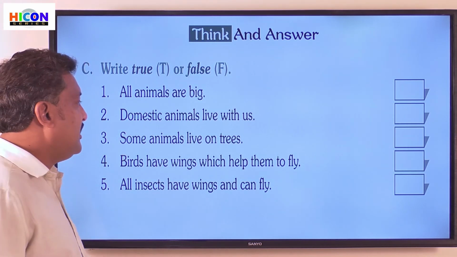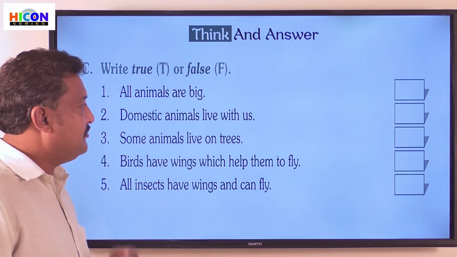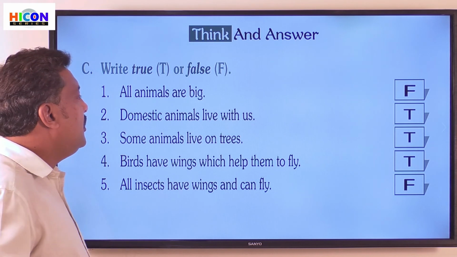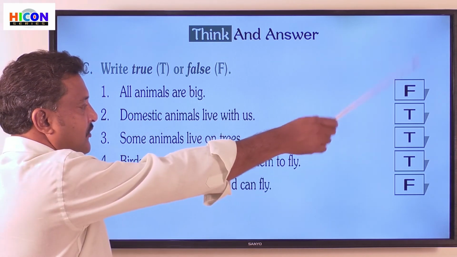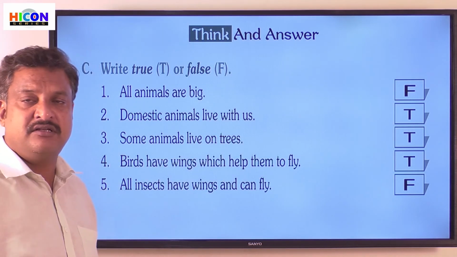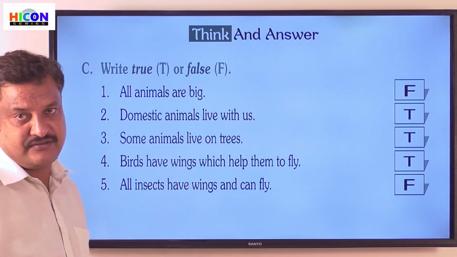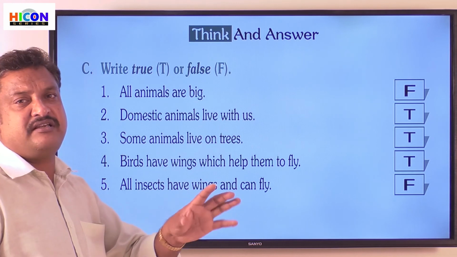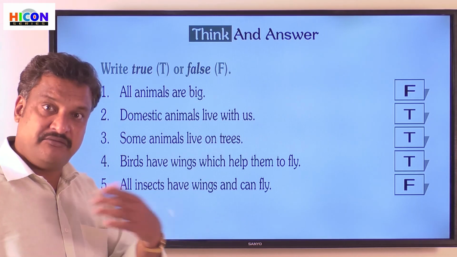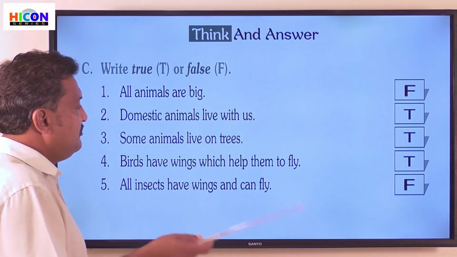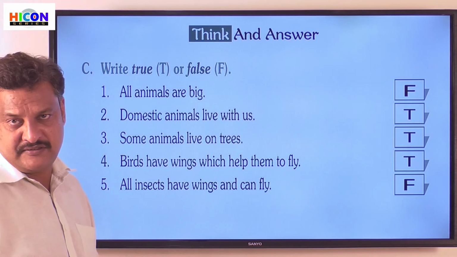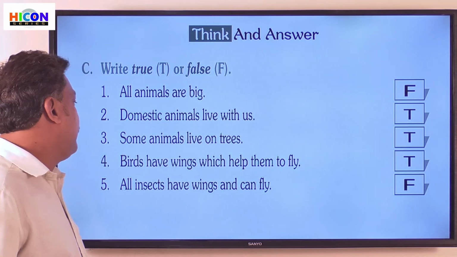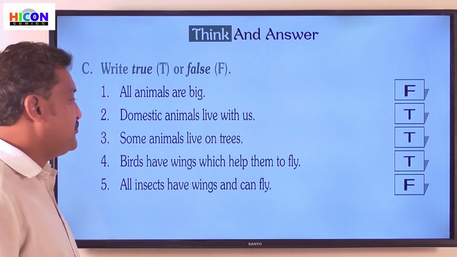So now I will give the answers for all these 5 statements and we will discuss it once again. See, all animals are big is a false statement because there are animals of different sizes. Some are very small, some are small, some are medium sizes, some are big, some are large, some are very large. Domestic animals live with us. Yes, domestic animals help us. We take care of them, so they live with us. Some animals live on trees.